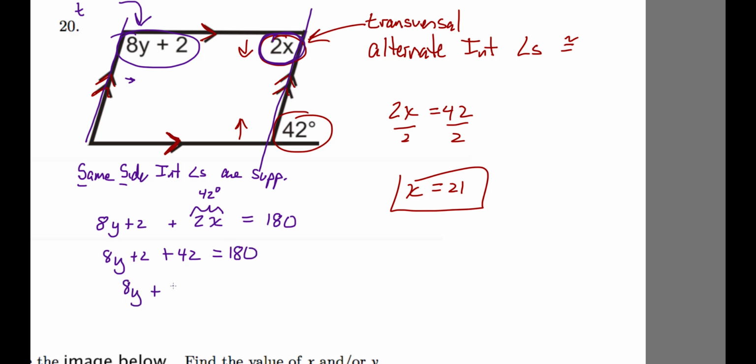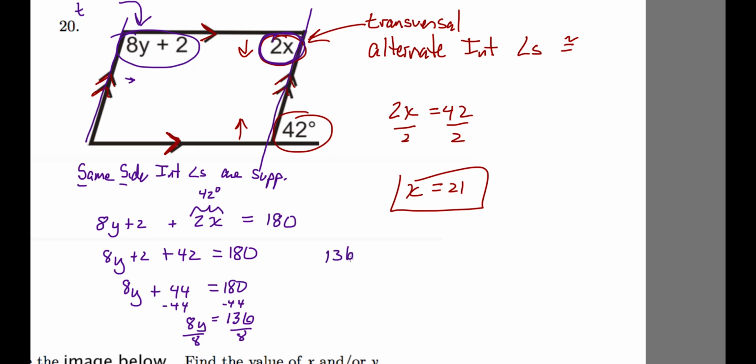8y plus 44 equals 180. Subtract 44 from both sides. And what is 180 minus 44? It is 136 on most days. And now we can divide by 8.